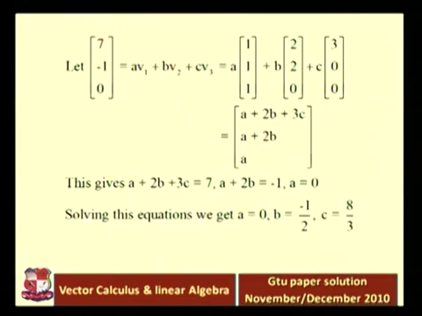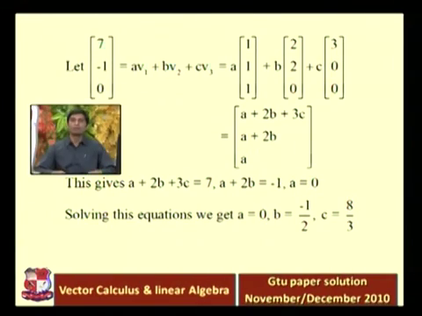So 7 minus 1, 0 is equal to a v1 plus b v2 plus c v3, that is a into 1, 1, 1 plus b into 2, 2, 0 plus c into 3, 0, 0, that is equal to a plus 2b plus 3c, then a plus 2b, then a.